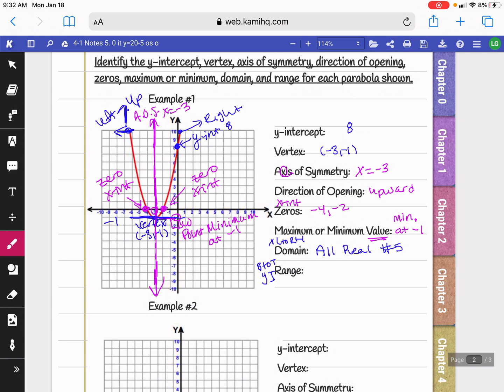If you were to pick any point, it would either have a -1 or a number higher than that for the y value. So for our range, we're going to write down y. And because our graph's going up, we're going to use greater than or equal to -1. So greater than or equal to is because it's going up. If it were going down, like a flip U, then it would be less than or equal to.